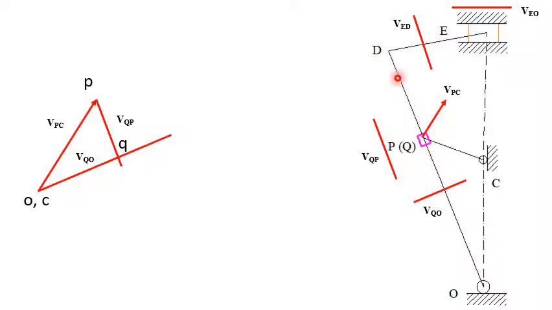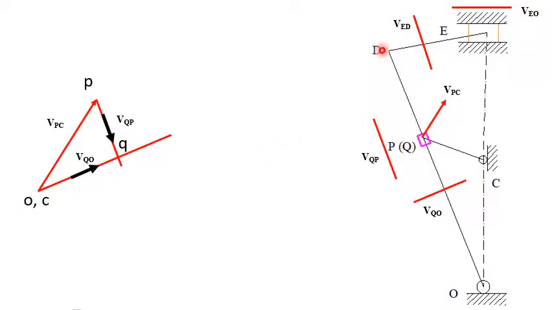Therefore we use the ratio relation. Before that, we have to locate the direction of this velocity. Since we are finding velocity of Q with respect to P, the direction should be like this, towards q. Here also the direction should be towards q, because we are finding velocity of Q with respect to O.